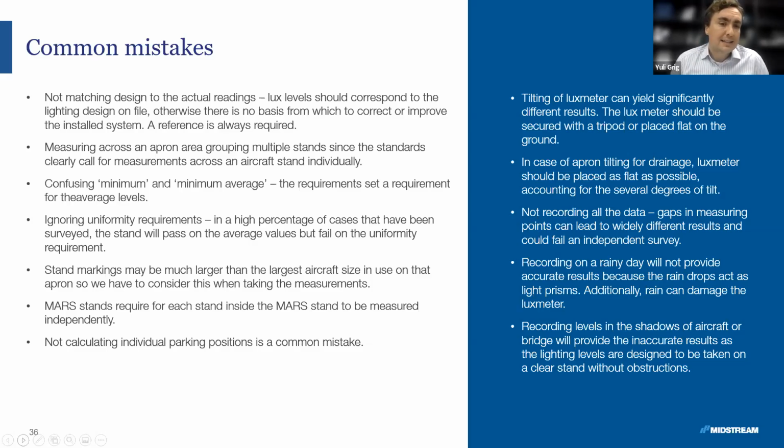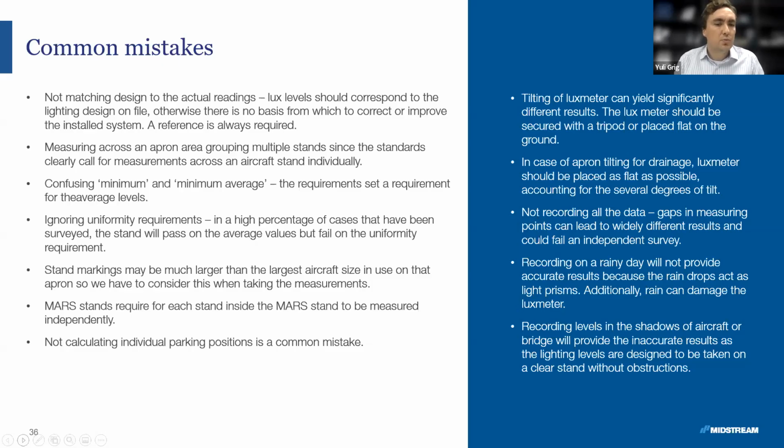Another common mistake is that stand markings may be much larger than the largest aircraft size. We've seen airports, predominantly in Asia, in my experience in the Far East, where the aircraft stand can be 120 meters long. But the biggest aircraft it can receive is going to be a 777.